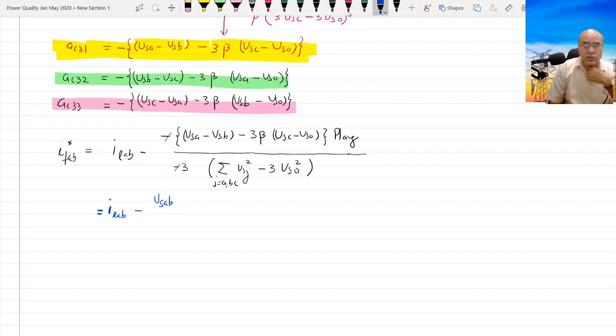It's line to line voltage because this is line to line configuration, so I can write this as VAB, and minus 3 beta VSC minus VS0 by 3 will come here, and sigma VSJ square minus 3 VS0 square.